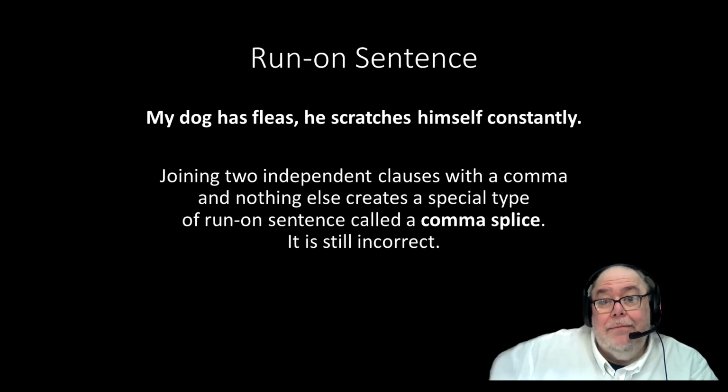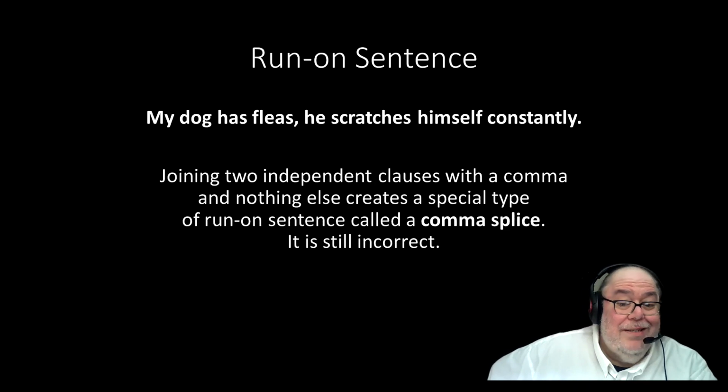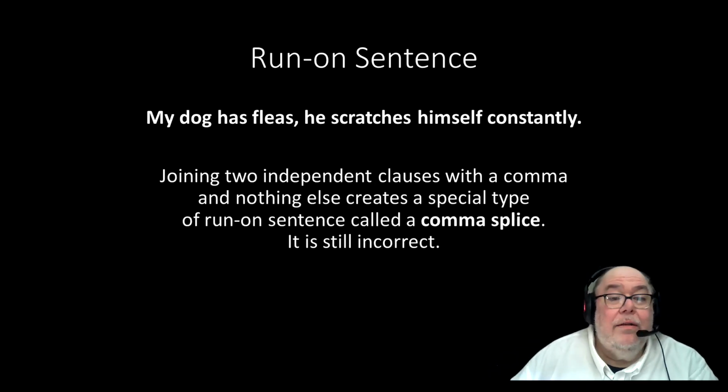What about a comma? If we say, my dog has fleas, comma, he scratches himself constantly. When we join two independent clauses with a comma and nothing else, that is still a run-on sentence, a run-on sentence of a special type called a comma splice, but it's still incorrect.